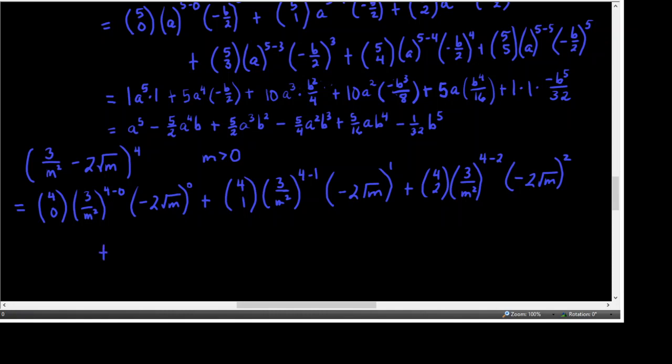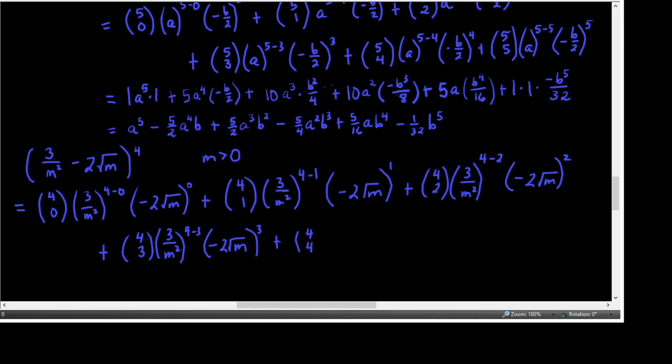plus, we're up to 3, so 4 choose 3. 3 over m squared to the 4 minus 3, and negative 2 square roots of m cubed, plus, now we're up to 4, and that's the last one.